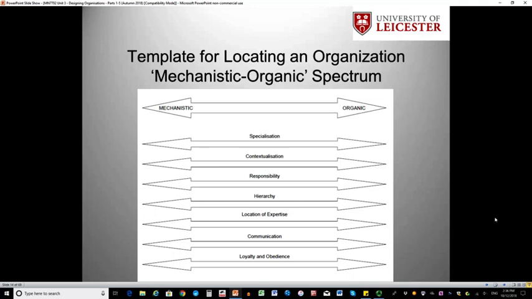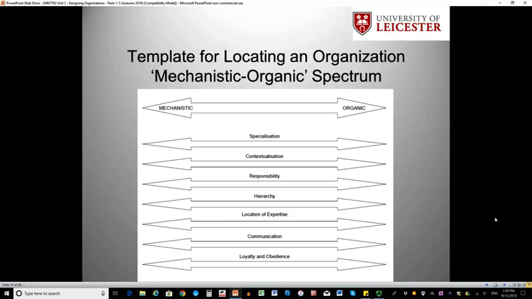But it might be that on other dimensions they were more mechanistic. So I think, you know, even high-tech innovative companies would be somewhere between these two extremes, and it might be that they are more mechanistic or more organic, depending on the actual dimension that we look at.